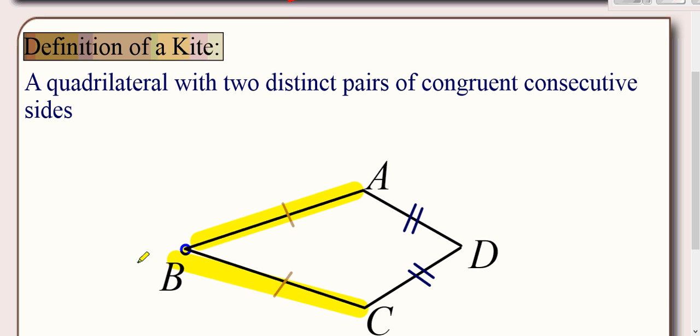Those two sides that are consecutive, they're next to each other, are congruent. And then same thing over here. These two sides, which are consecutive, are also congruent.